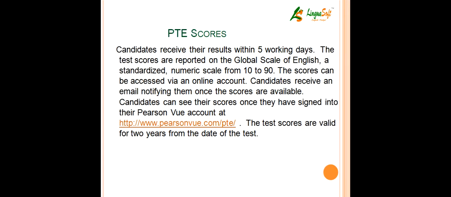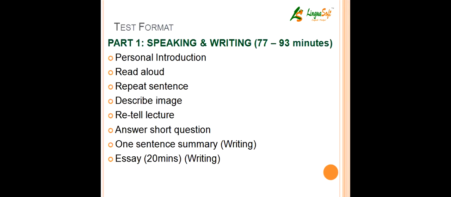Candidates can see their scores once they have signed into their Pearson VUE account at www.pearsonvue.com/PTE. The test scores are valid for 2 years from the date of the test.